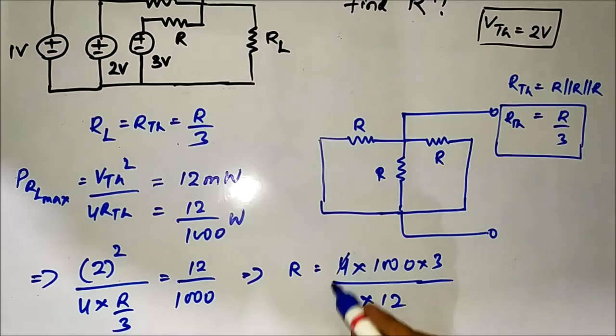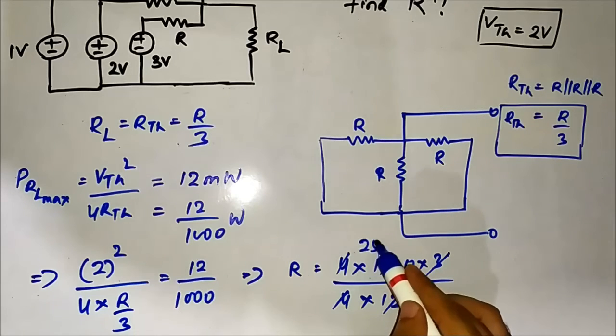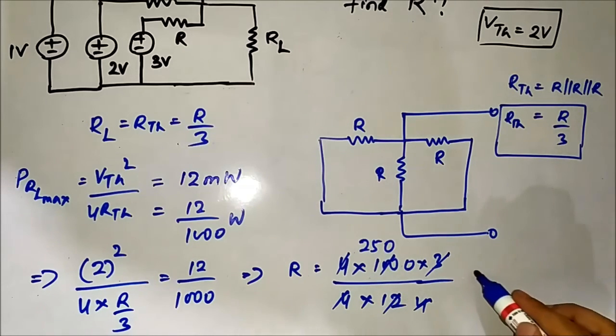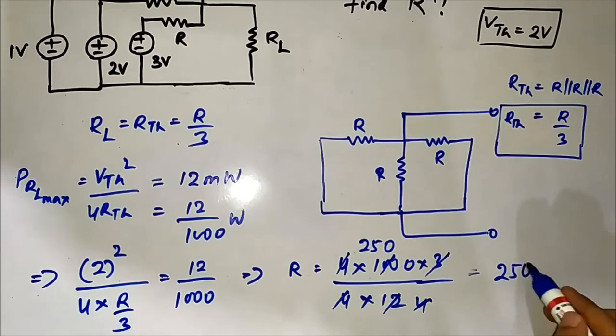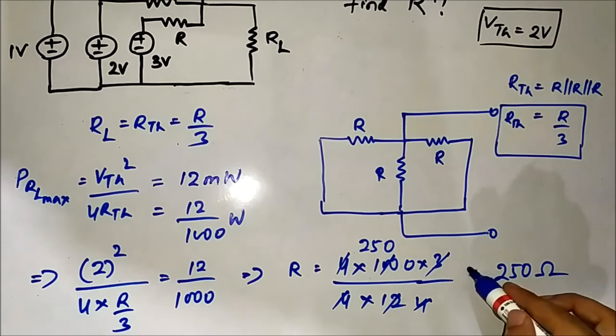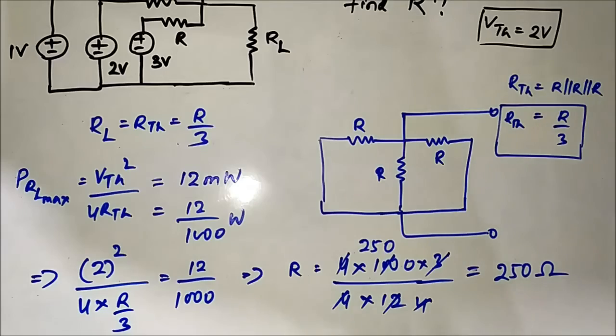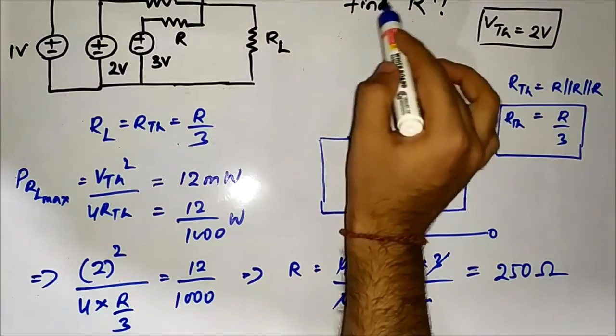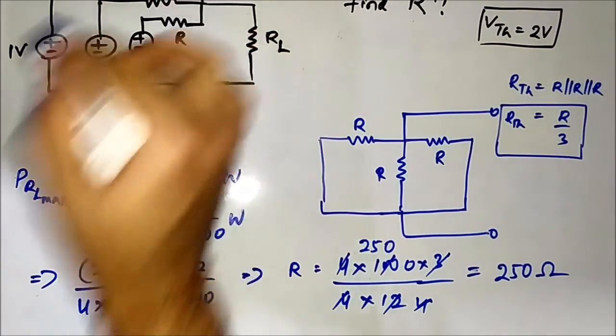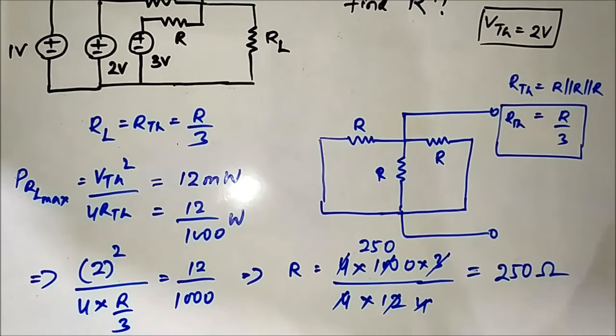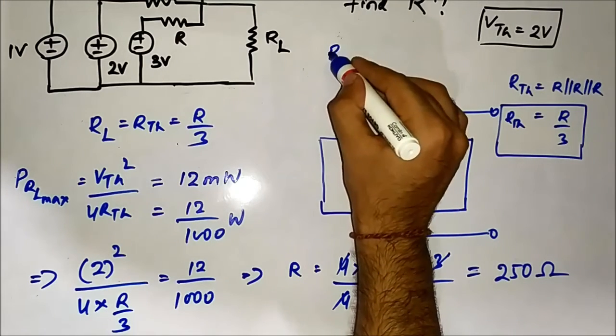So 4 gets cancelled, 3 into 4 is 12, and the result is 250. So the value of R is equal to 250 ohms. It has been asked to find R, the value of these 3 equal resistors. So R is equal to 250 ohm.